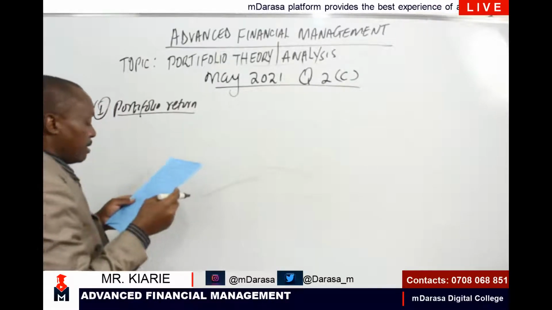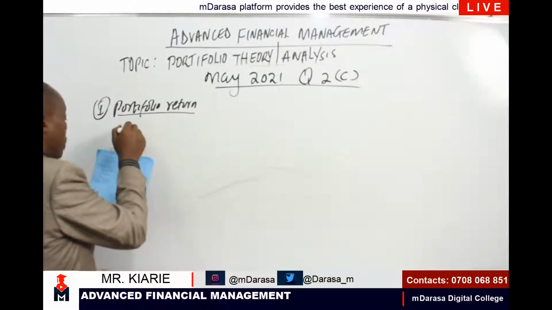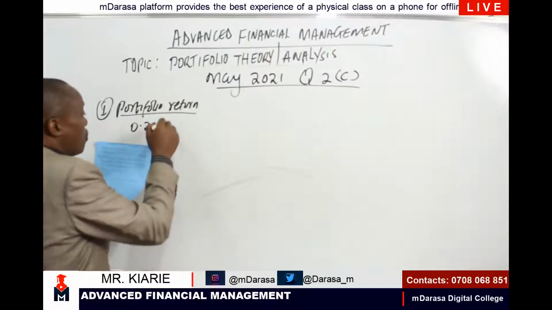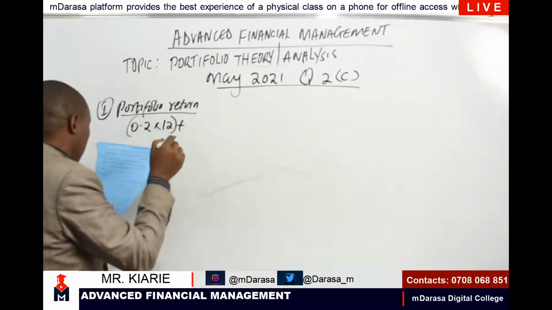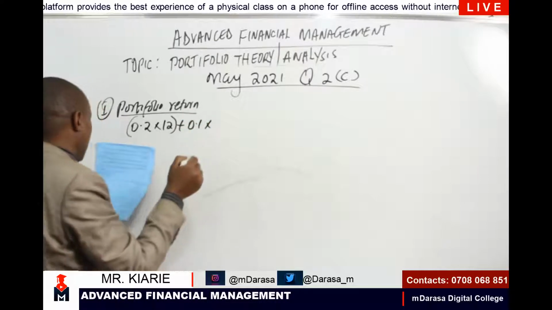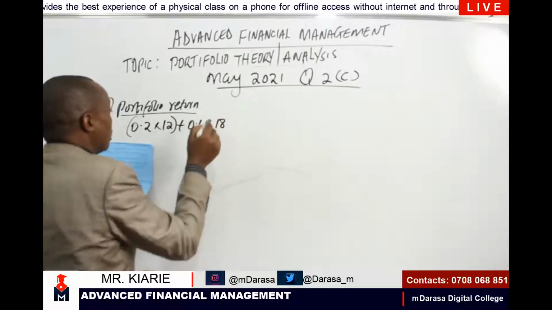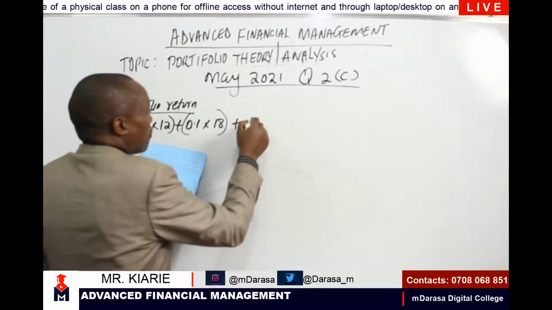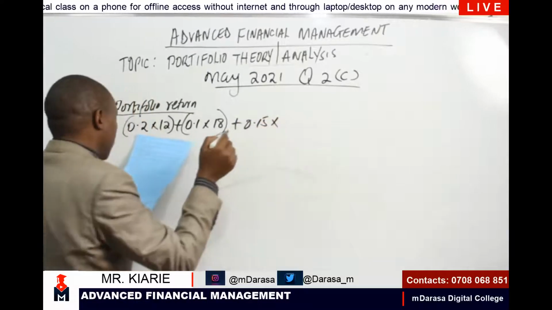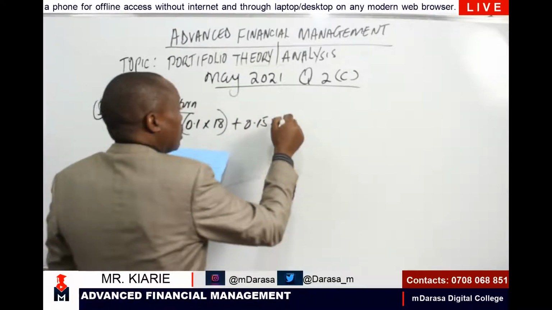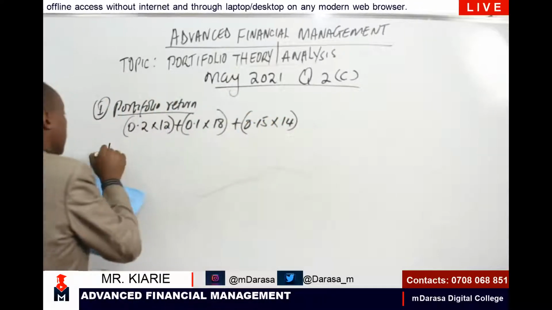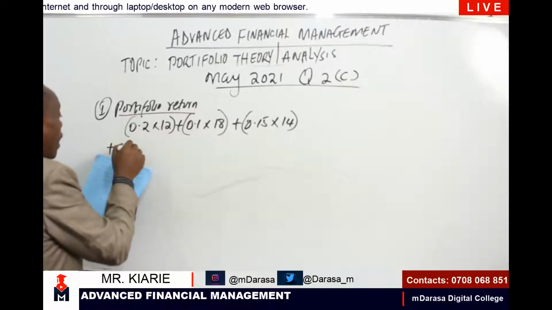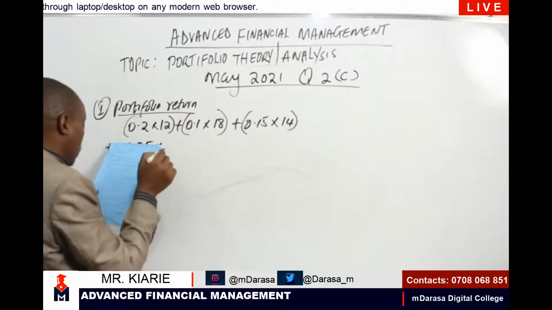You take the weight of A, which is 20%, 0.2, times return of A, which is 12, plus 0.1, the weight of B, times return, which is 18, plus C, which is 0.15, times return, which is 14, plus D, which is 0.25, times return of D, which is 8.